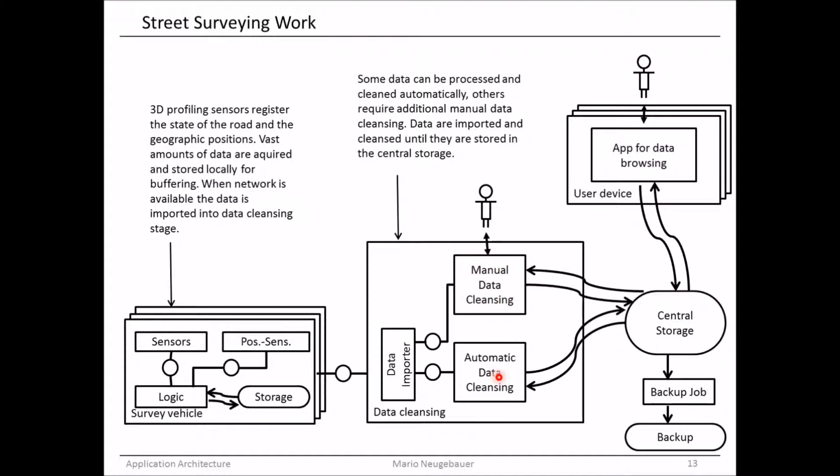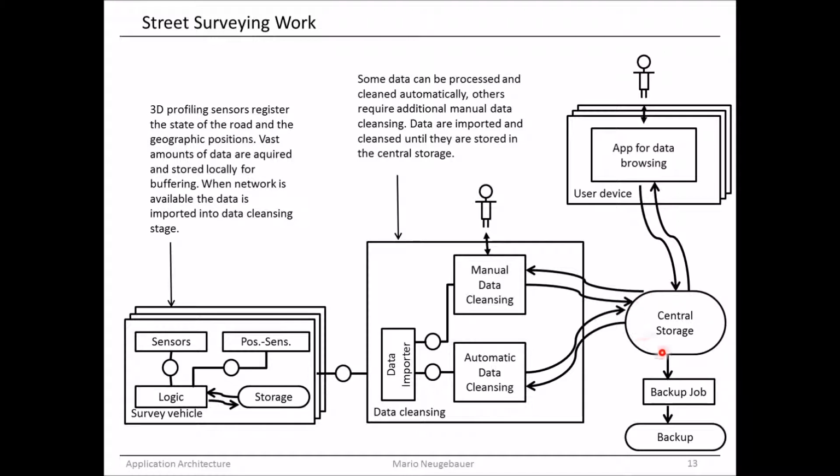And both of these components, the automatic data cleansing algorithm and the manual data cleansing algorithm, interact with the central storage, for writing the data to the central storage, and occasionally also reading from the central storage to maybe evaluate the data or help evaluating the data appropriately.